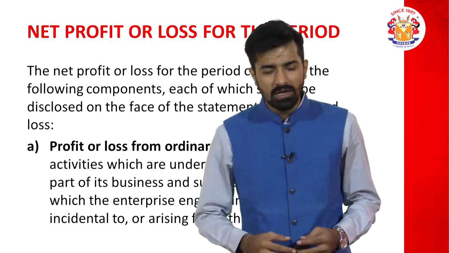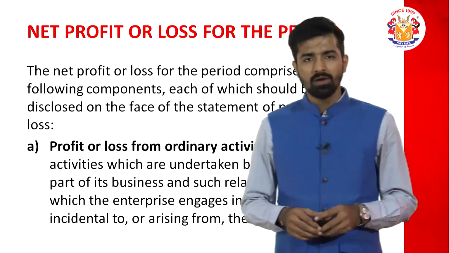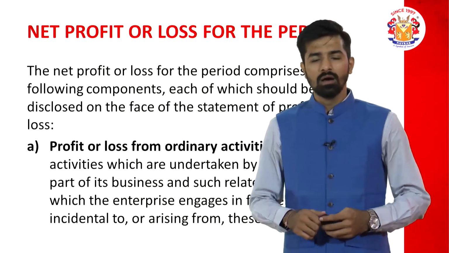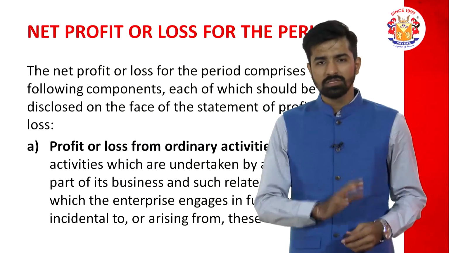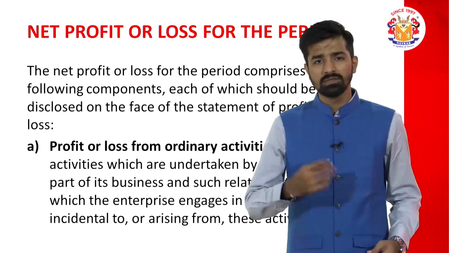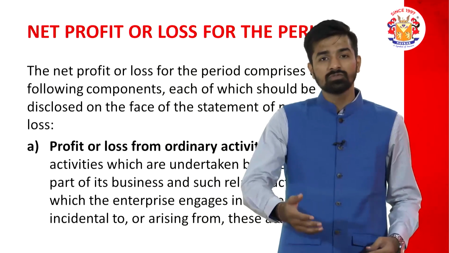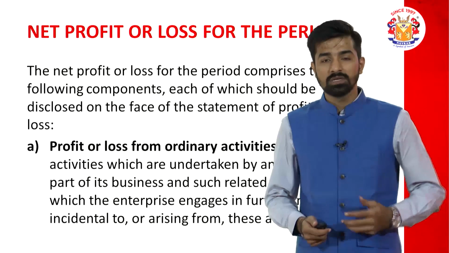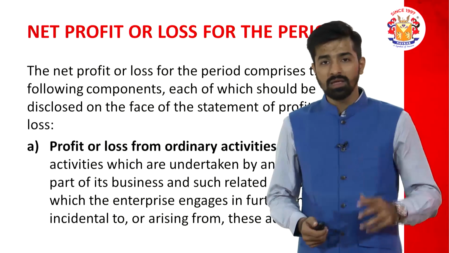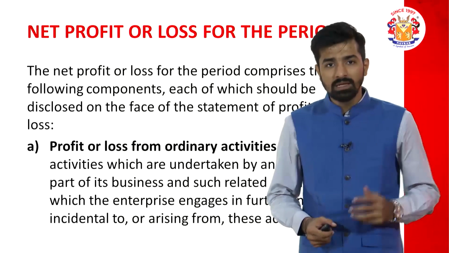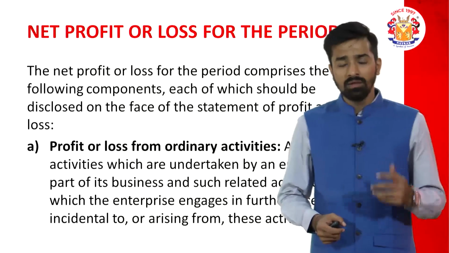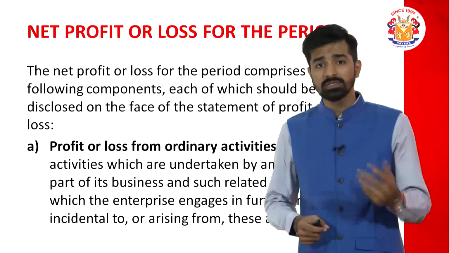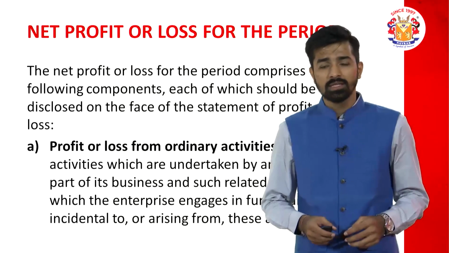Now, starting with the profit or loss from ordinary activities. As the name suggests, it is just the profit or loss which arises from ordinary activities of the enterprise, which is a part of the business, undertaken by the business as a daily activity, and related to the business in which the enterprise is engaged.